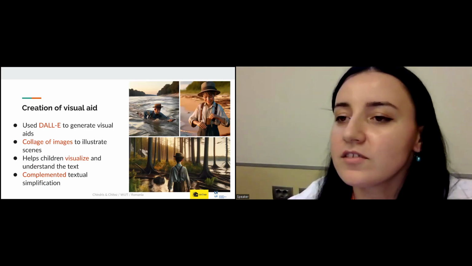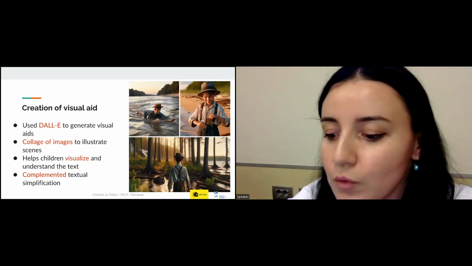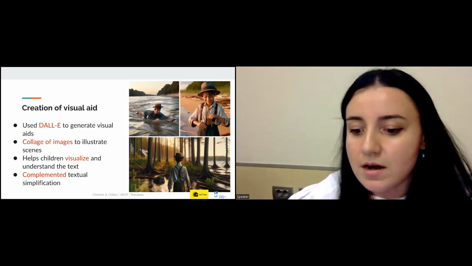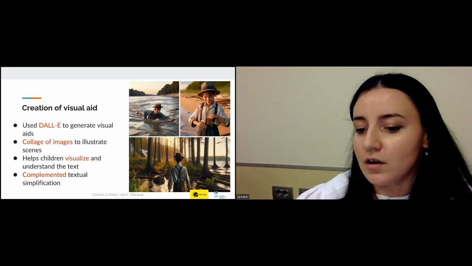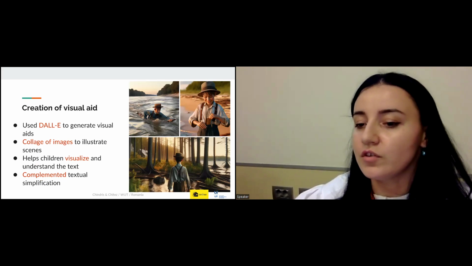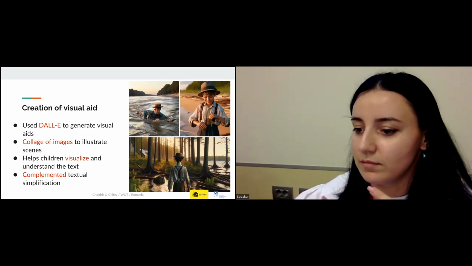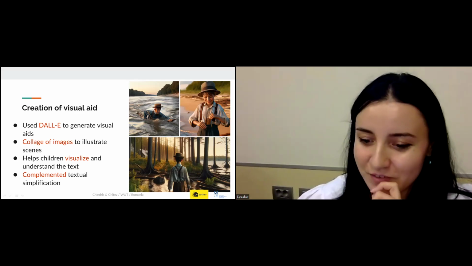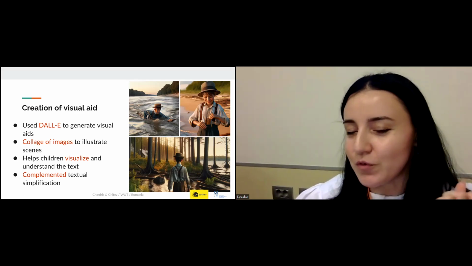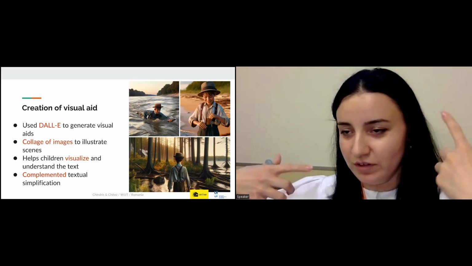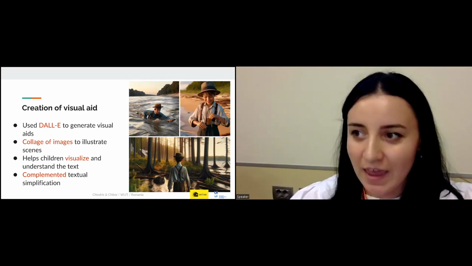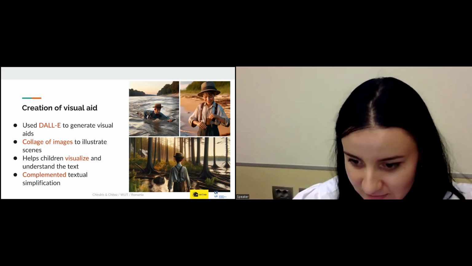And I used DALL-E to generate visual aids for this specific theme. This collage of images illustrates both the struggle and the victory of Tom. So it's easier for children to visualize what they read when they have a visual aid besides the text.